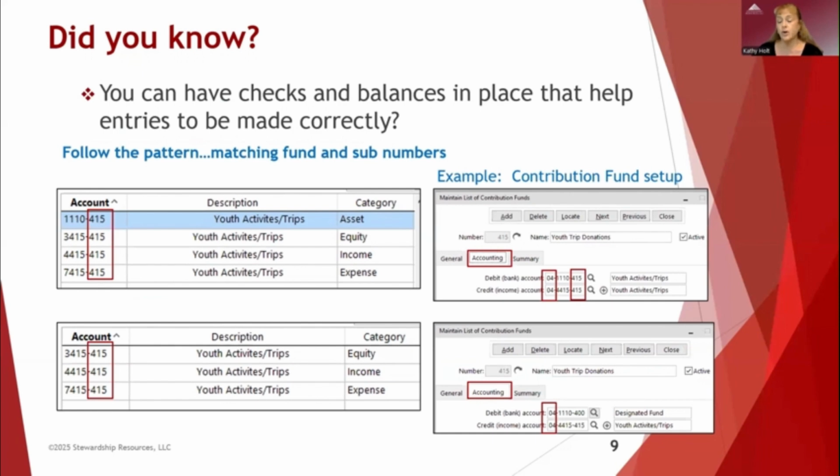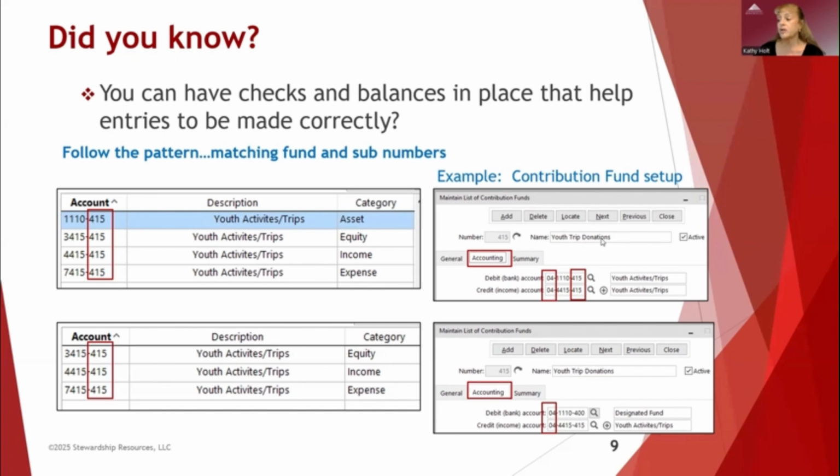Okay. Did you know that when you have this check and balance set up, that you are pretty much going to follow the pattern and you're going to match your funds and your subs? So in my example, I've got two examples here. So in the first example, we have subbed out the bank account, which is something you can do, but you don't have to do.